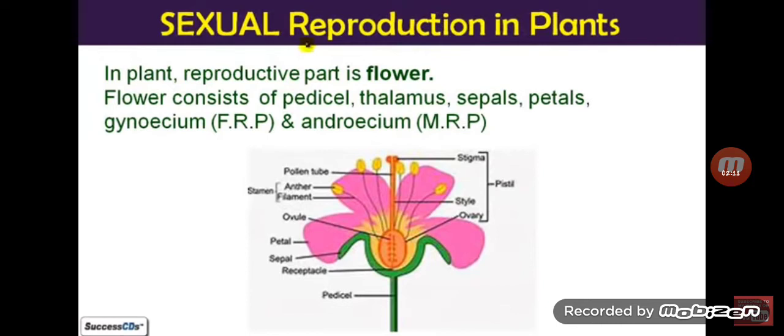Now, let us see sexual reproduction in plants. In plants, the reproductive part is the flower.